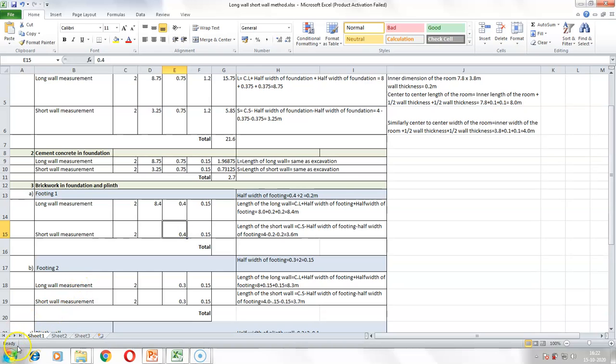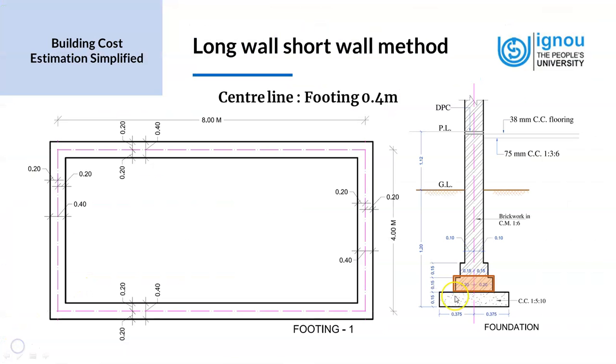And now we go back to find the short wall measurement. The short wall measurement for the 0.4 meter footing is, again, we take it from the central line point. So the central line begins here and it ends here for the short wall, which is 4 meters. But since we take it as inner to inner, we subtract 0.2 meters from the top and 0.2 meters from this side.